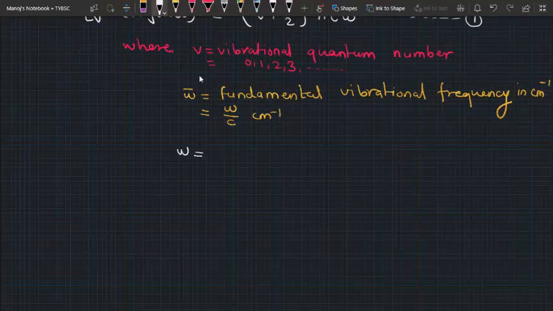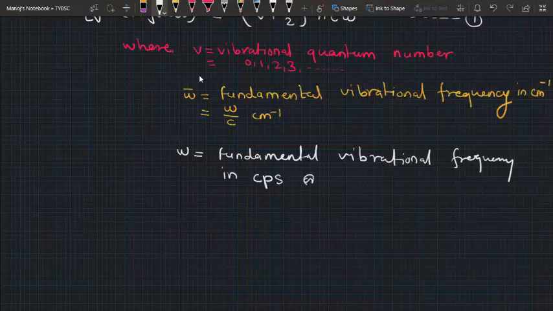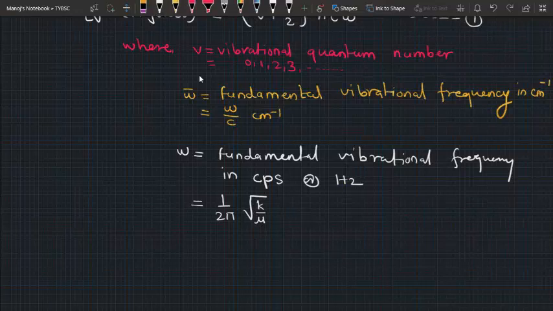This omega, in per second or CPS or hertz, is equal to 1 upon 2 pi times the square root of small k upon mu.